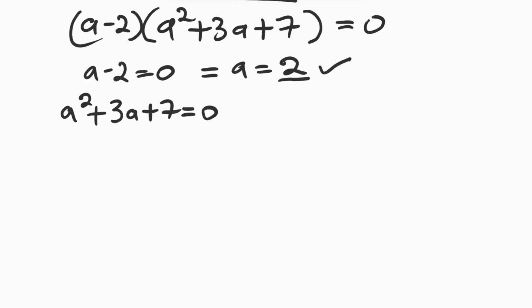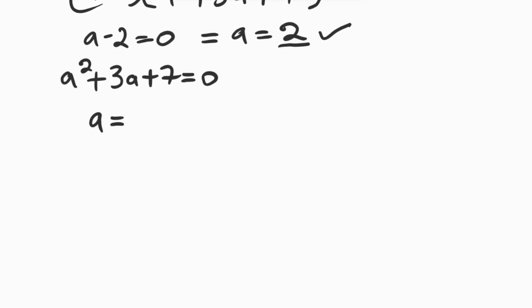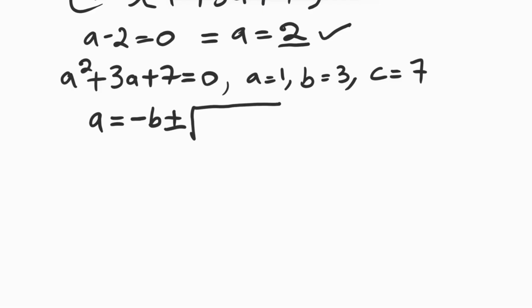And we have that a is equal to minus b plus or minus root of b squared minus 4ac, divided by 2a, because now we have our a is 1, our b is 3, and our c is 7.